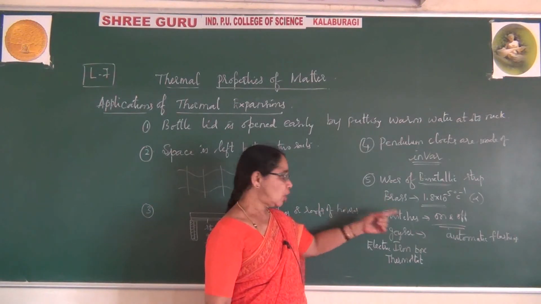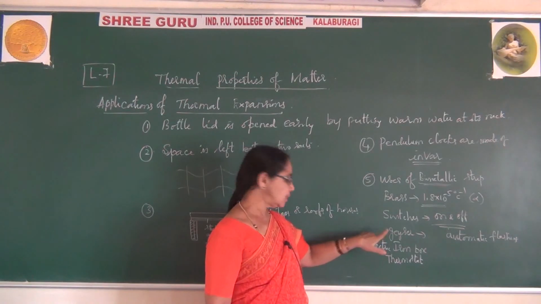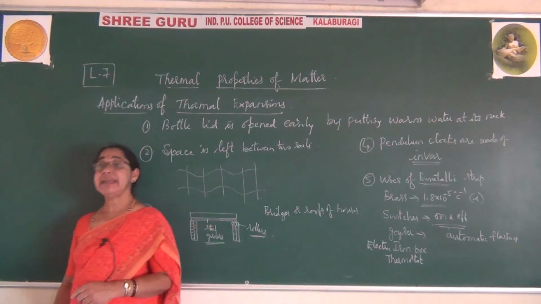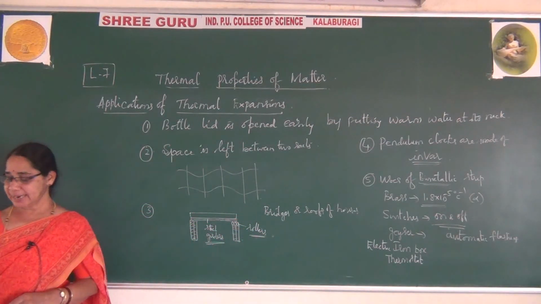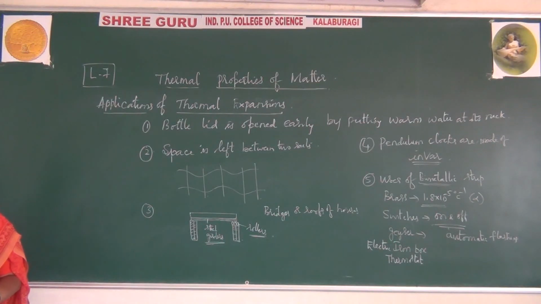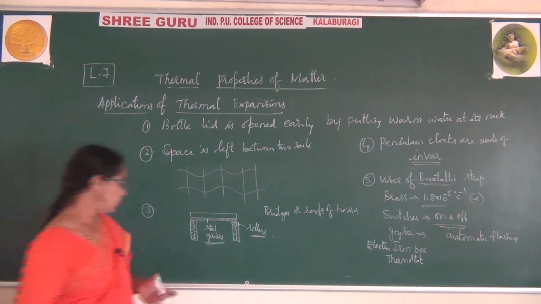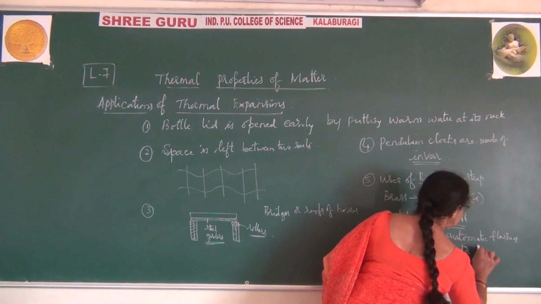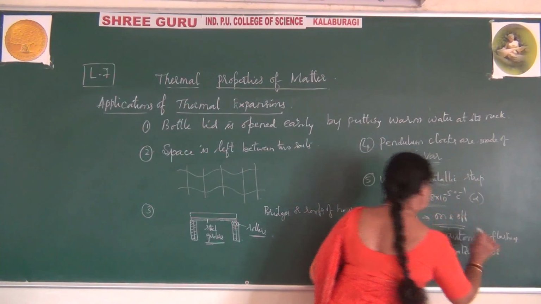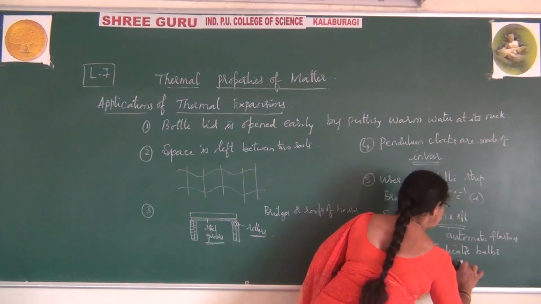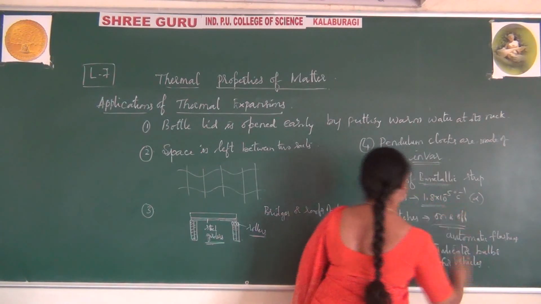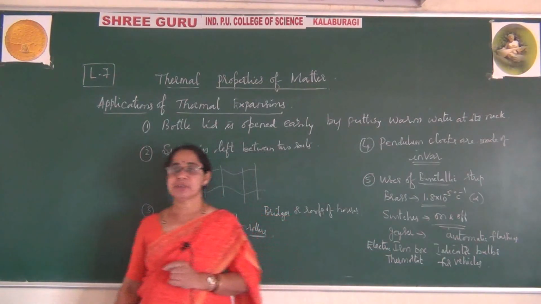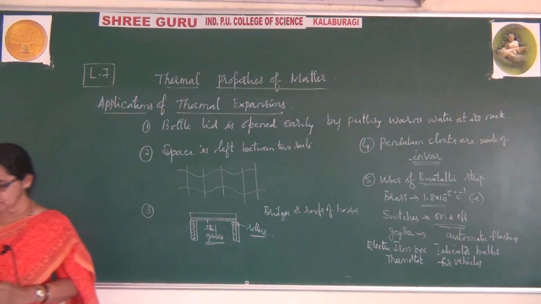That is the automatic flashing system you observe, particularly in geysers, electric iron boxes, thermostats, and also you can use it for indicators. Many vehicles have indicators, and it can be used for indicator bulbs. For vehicles' indicator bulbs, you prefer to use these bimetallic strips, particularly for on and off and flashing systems.